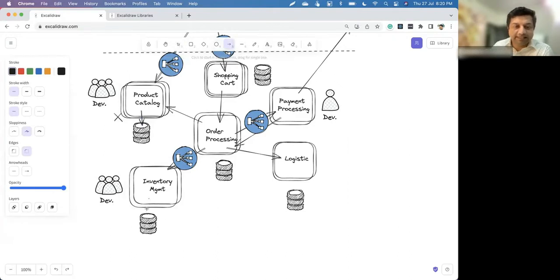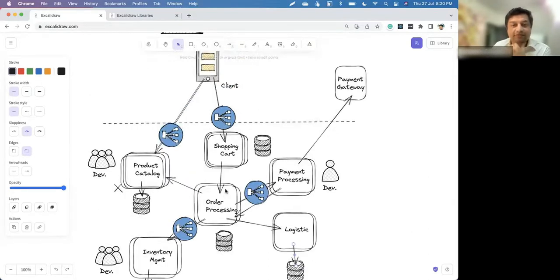When they change anything in their services, they only need to make sure that the interfaces are working well. The logic they can keep changing. So this provides a lot of flexibility. You may have different versions of different services, and testing can also be done very easily because you have the team who knows about testing inventory management, for example, and they can test it very effectively.